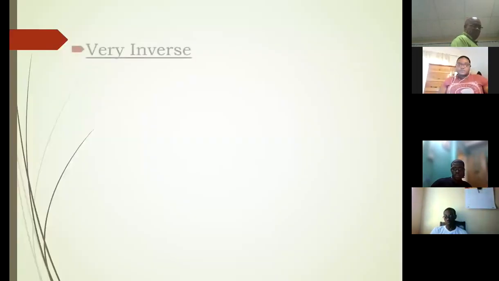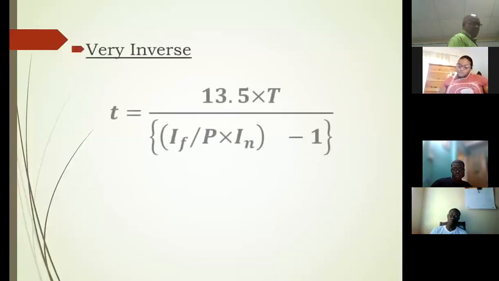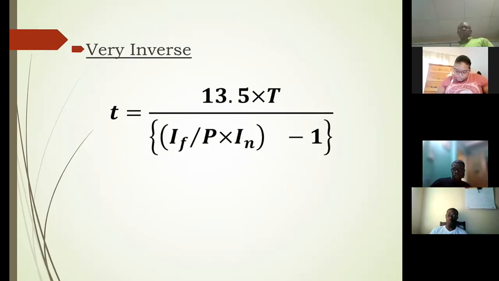For the very inverse, we have 13.5 T divided by (IF over PIN) minus 1.